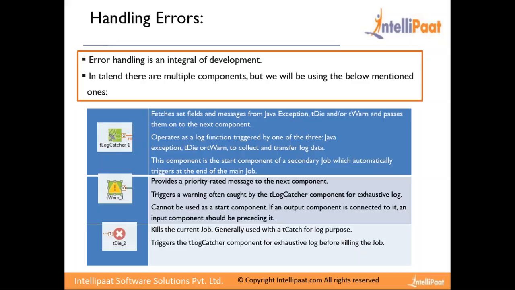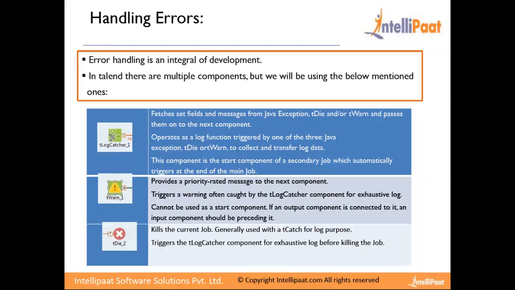It helps us capture errors from Java exceptions, tDie component or tWarn component, and it gives us all the messages which come from these components to the next component which we have.